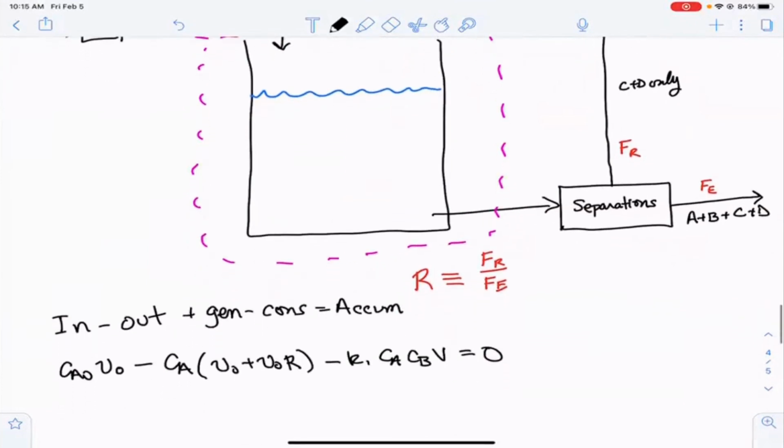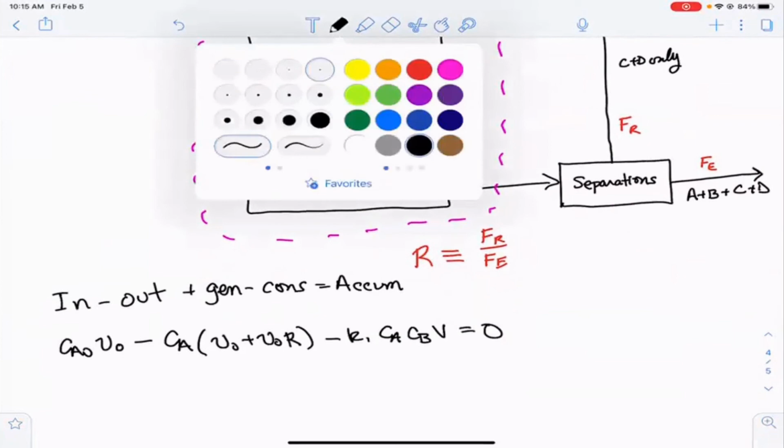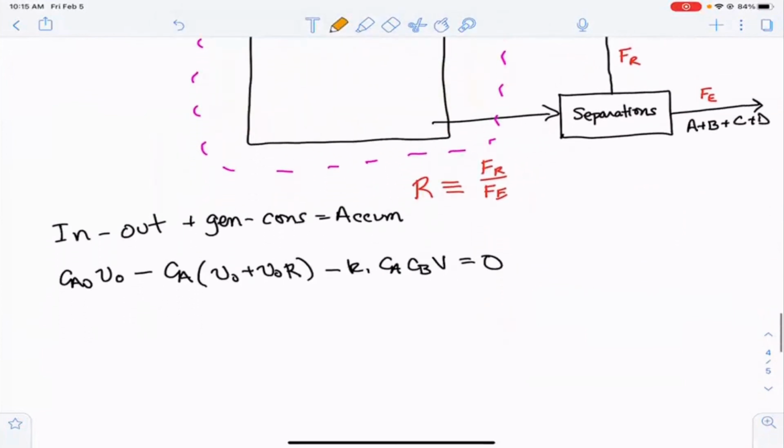Okay. So what is this going to do to our balance?